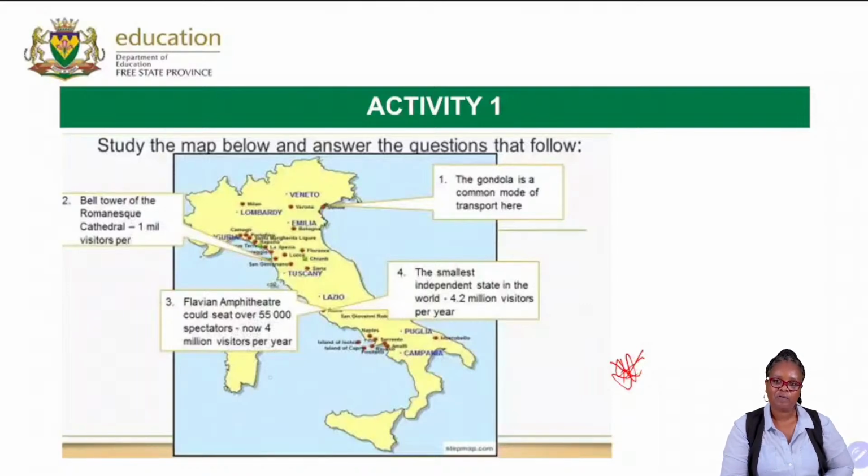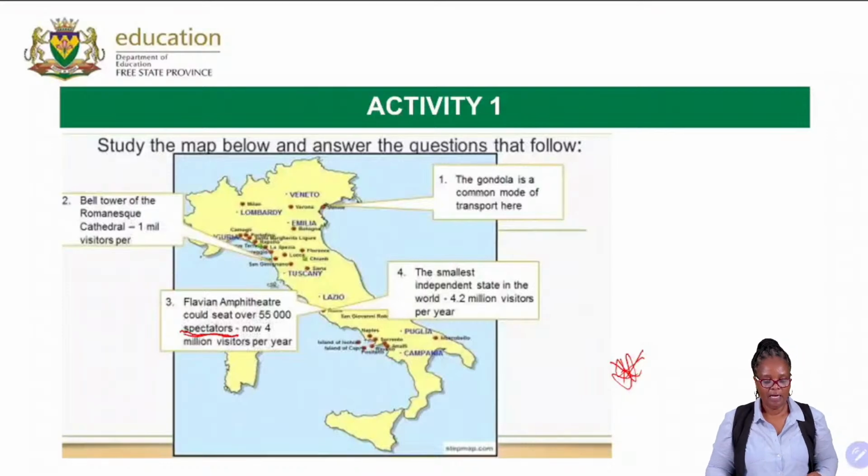As a learner, you have to highlight the important things. Now you have seen that it could seat 55,000 spectators, and you ask yourself, spectators. If we have spectators, it means they are watching something. There is something taking place whereby participants are there. If we're having these spectators, it means we have participants.